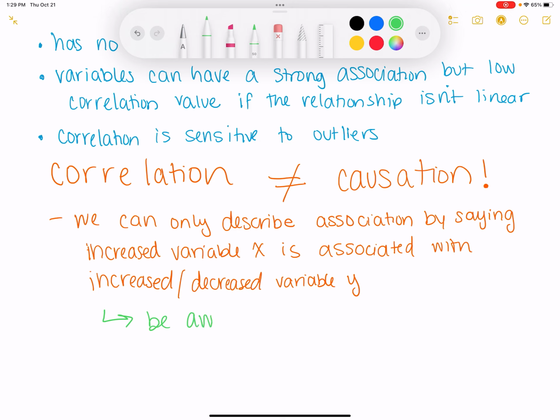Be aware of lurking variables. How can a variable lurk? These are things that are not relevant but could affect it, or things that are mentioned that aren't relevant to it.